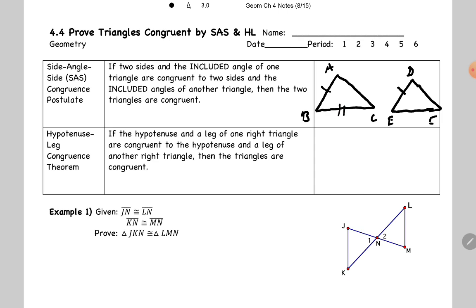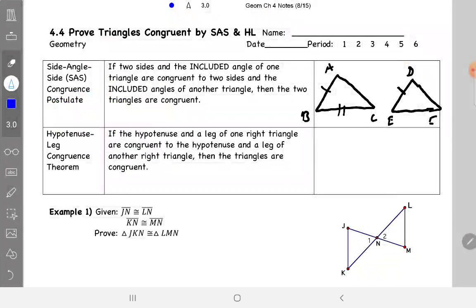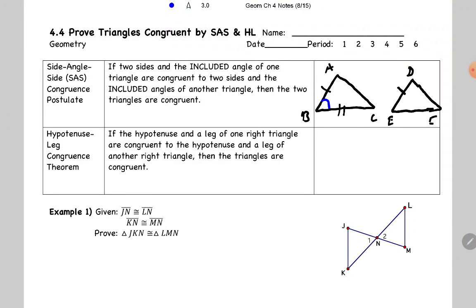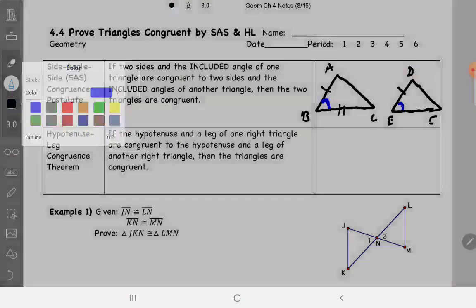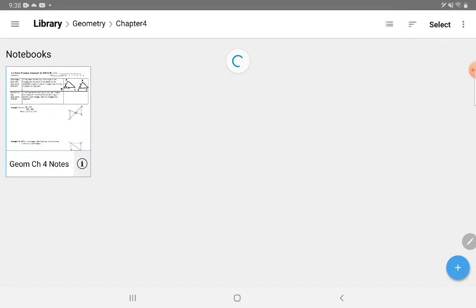Any two sides need to be congruent, and the angle in between. So the angle in between here is B and E. So not only do those two sides need to be congruent, the included angle, or the angle in between, needs to be congruent as well.